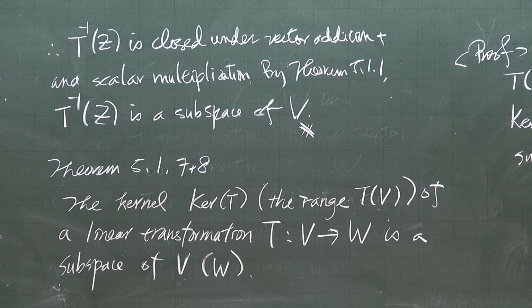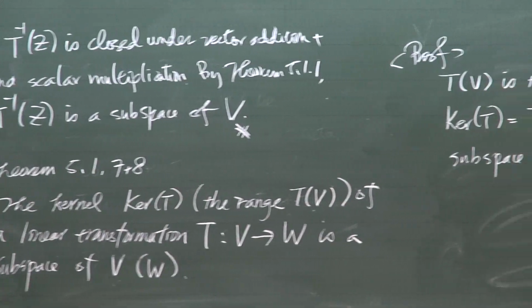Then it is called the trivial subspace. The trivial subspace, of course, is a subspace of the codomain. Alright, so TV is the image of a subspace V of V, and the kernel of T is the inverse image of a subspace of W.